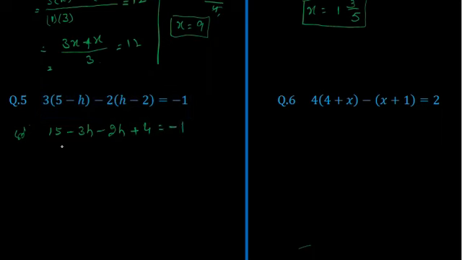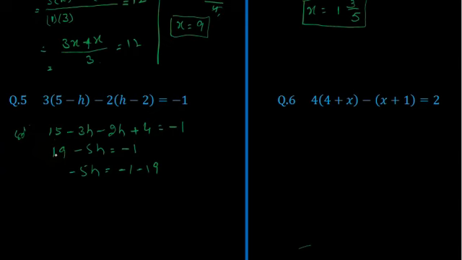So minus 3h and minus 2h, and 15 and 4 become 19, minus 3h and minus 2h become minus 5h is equal to minus 1, or we may write minus 5h is equal to minus 1 and minus 19, because 19's sign is plus.